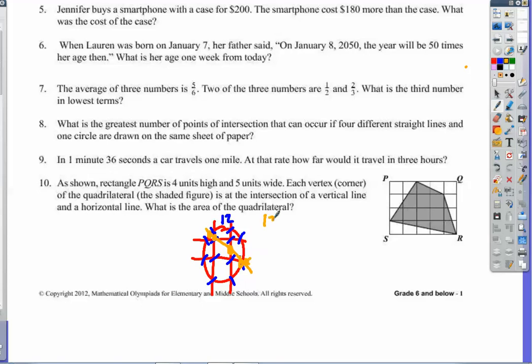So that gets me to 13. Well, if breaking this pair of parallel lines gets me one more, that means that breaking this set of parallel lines will also get me one more, and that's going to be my answer. So what's one more than 13? 14. So I know the answer is 14, but the best way to think about it really is, and then I can get one more line to go through it.